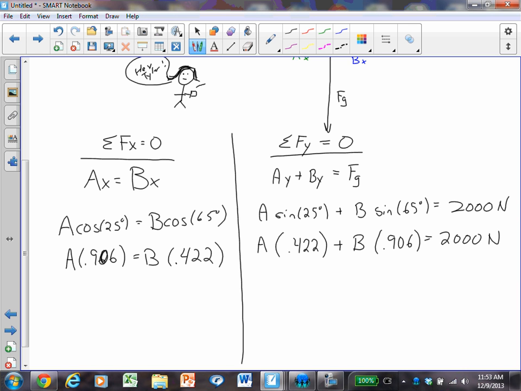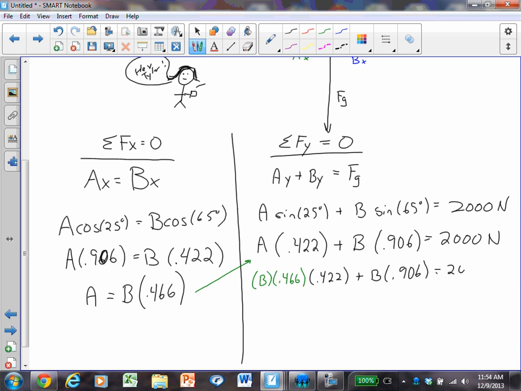If I divide by the 0.906, I get A equals B times 0.466, that is 0.422 divided by 0.906. Now I can bring that and plug it in for A. 0.466, I can multiply these two together. 0.197 times B plus B times 0.906 equals 2,000 newtons.